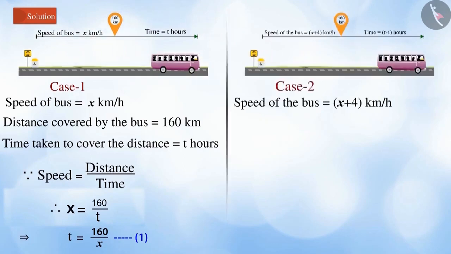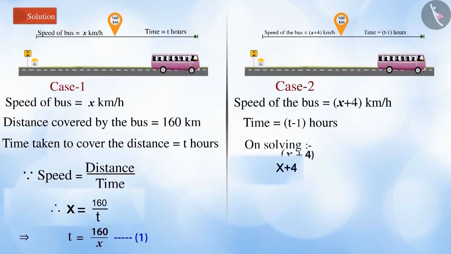On increasing the speed of the bus by 4 km per hour, we get x plus 4. According to the question, on increasing the speed of the bus, it takes 1 less hour to complete the distance. That is, time is equal to t minus 1. On solving, we get equation 2.